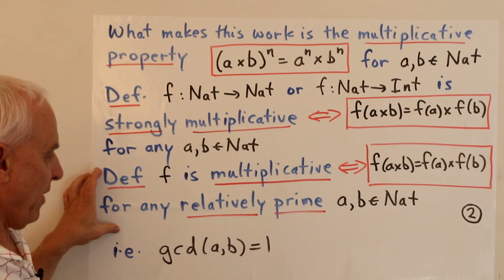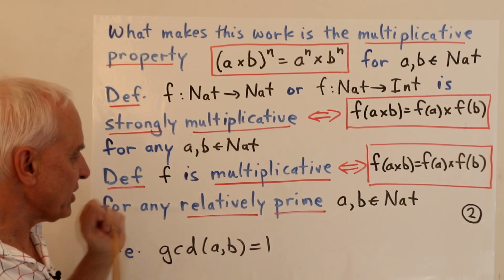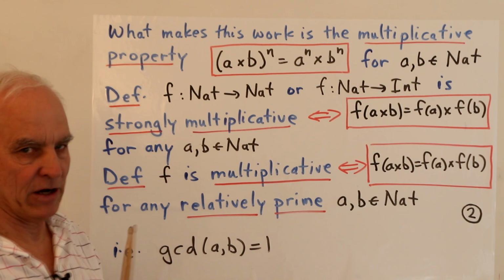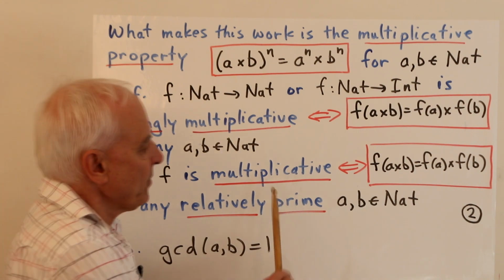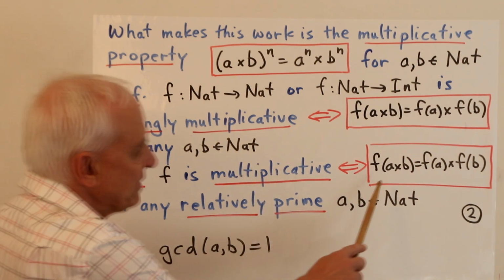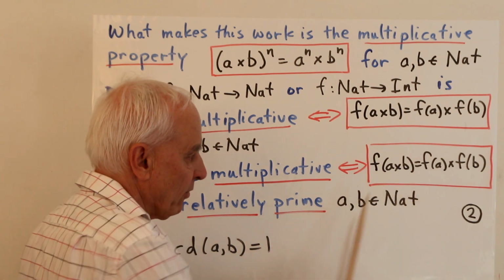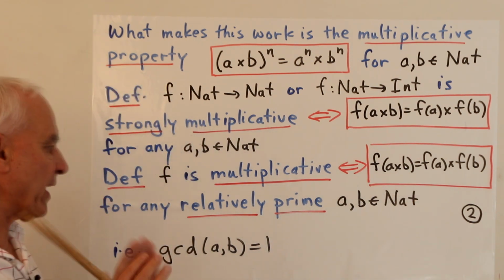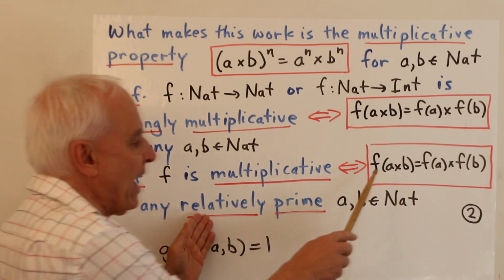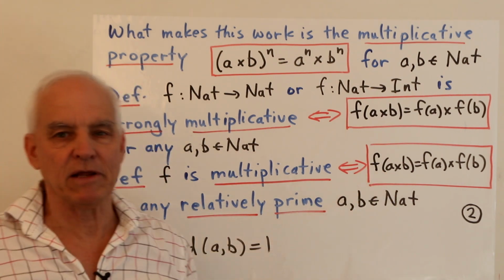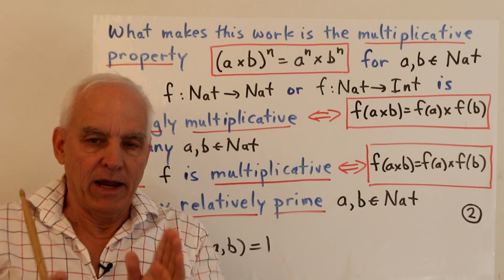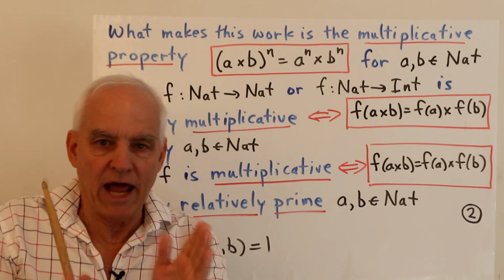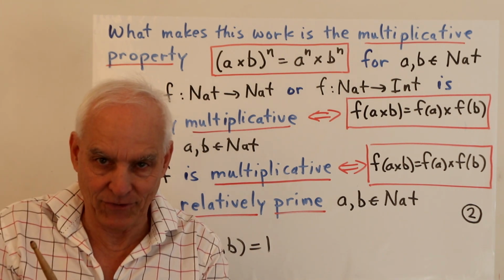Now, somewhat weaker than that is just the notion of a multiplicative function. It's the same story. We have the same condition that f of a times b equals f of a times f of b, but now we require only that it works when the numbers a and b are relatively prime natural numbers. In other words, when they don't have any common factors.